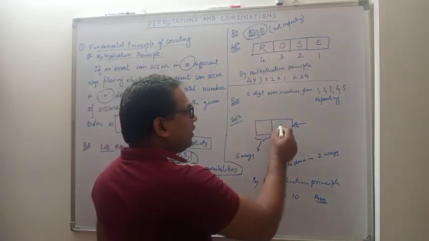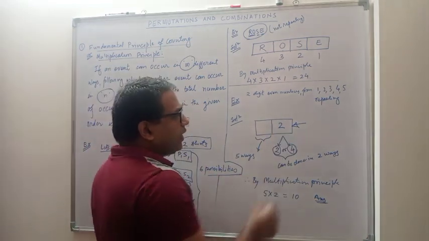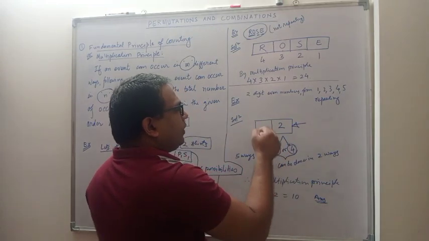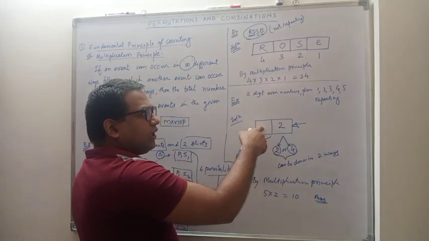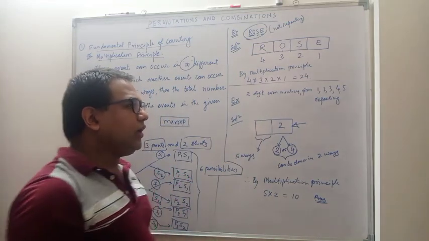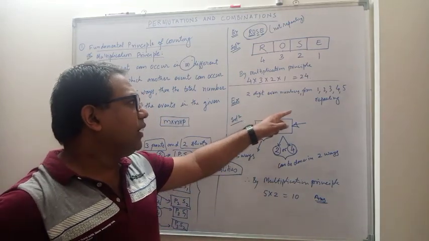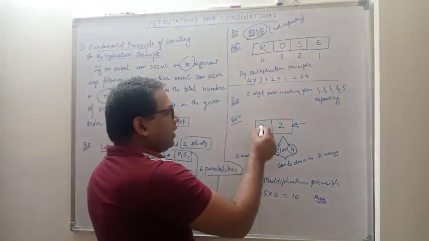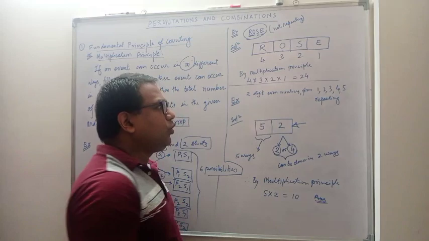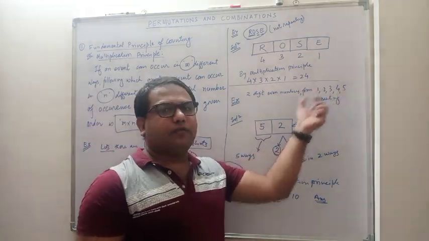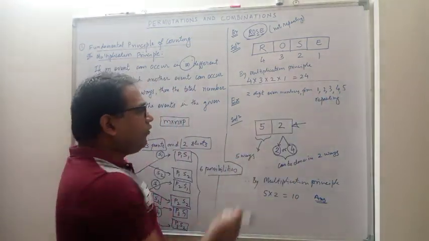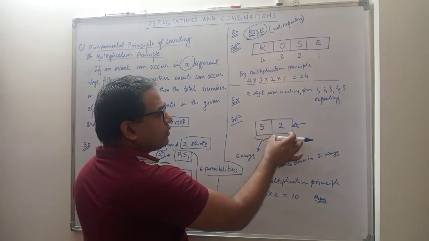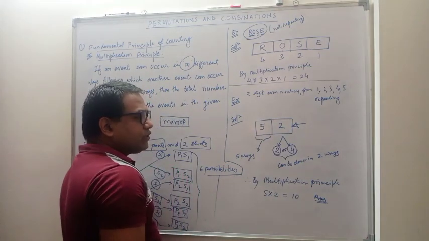So there will be two ways. And again, because it is repeating, it might be 1 or 2 or 3 or 4 or 5. So in all the ways, what I am having is the even number. I am having 5 ways to put from 1 to 5 over here. So in 5 ways I can put in the tens place, and in the units place I have 2 ways to put.